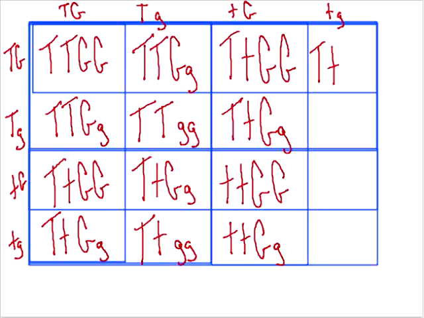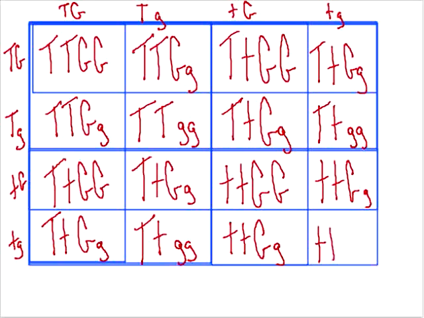Big T, little t, big G, little g. Big T, little t, little g, little g. Little t, big G, little g, and little t, little g, little g.